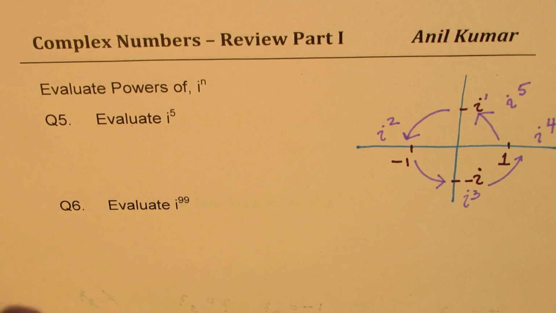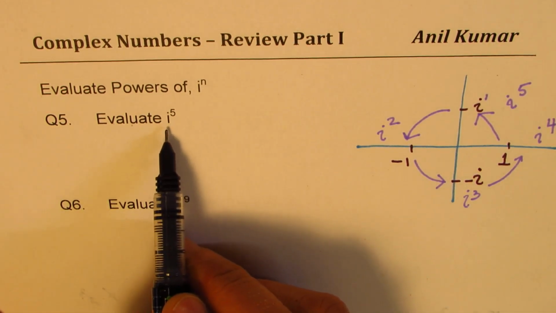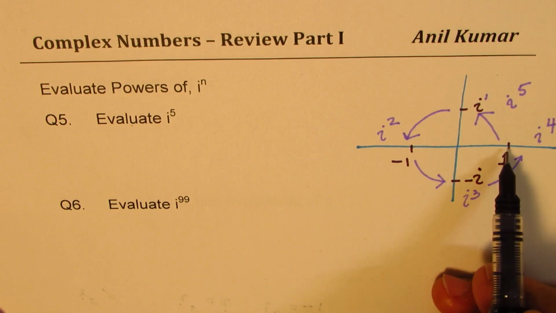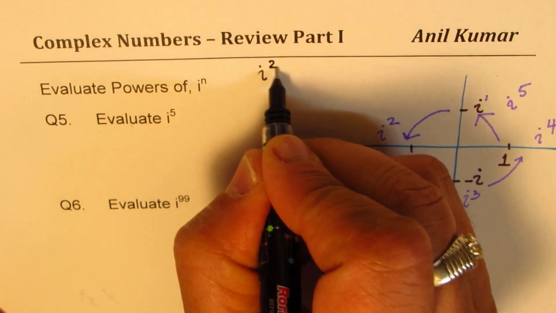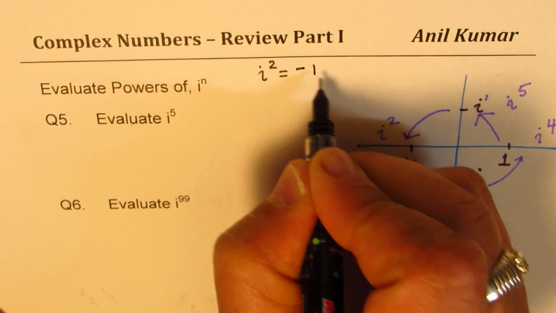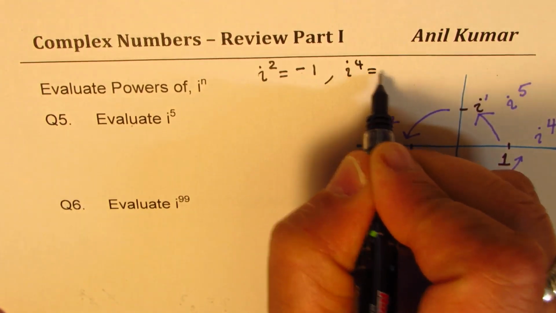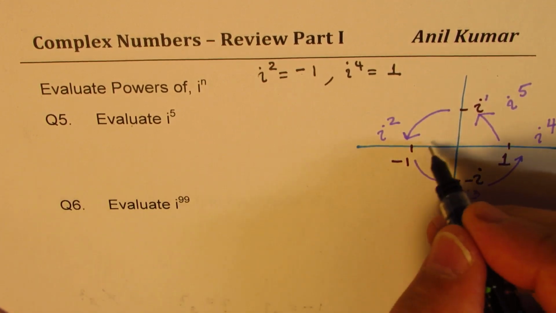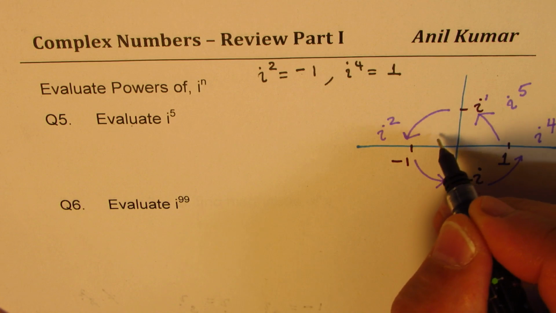So from here, we can write this. This is like 4 plus 1, right? i to the power of 4 is 1. So we know i squared is minus 1 and i to the power of 4 is just 1. Is it okay? So that helps us to figure out the answer. Or you can get into this cycle, correct?